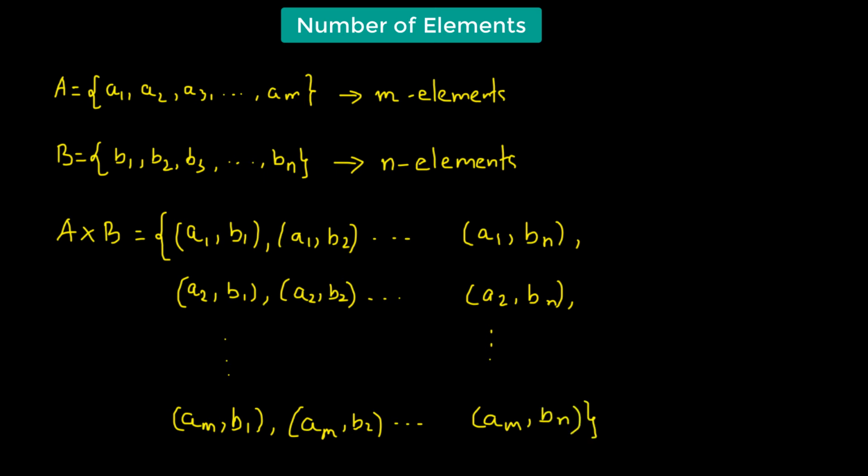So clearly we see that in this representation of A cross B, we have m rows, with each row having a total of n elements.